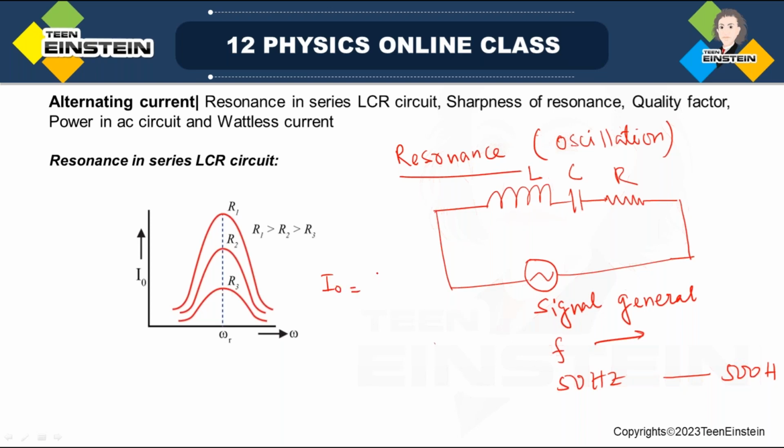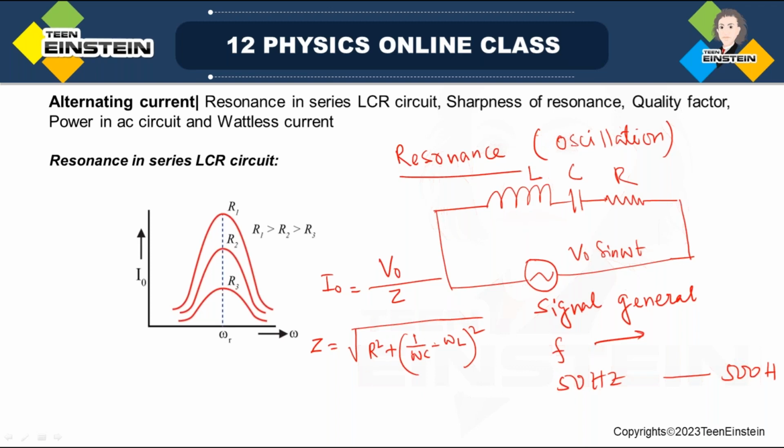I0 is V0 by Z, where V0 is the amplitude of the applied sinusoidal voltage V0 sin omega t. What is Z? Z is the square root of R squared plus (1 over omega C minus omega L) whole squared. This is called impedance.